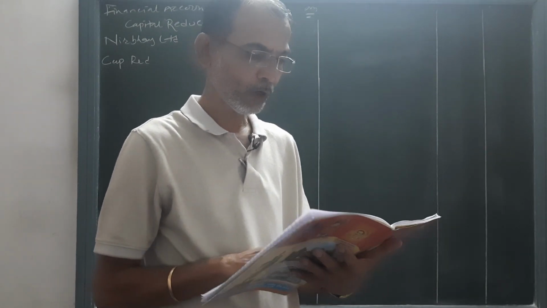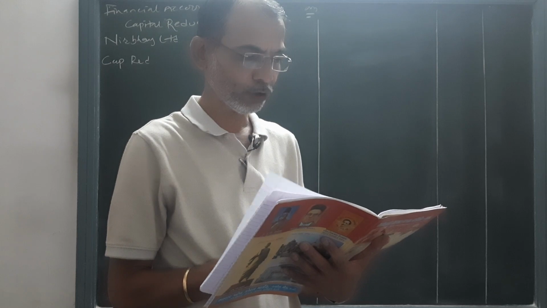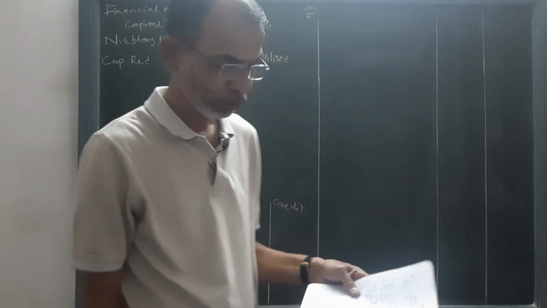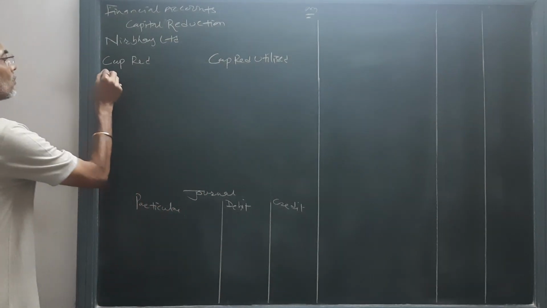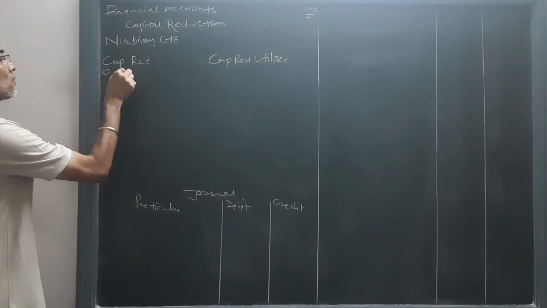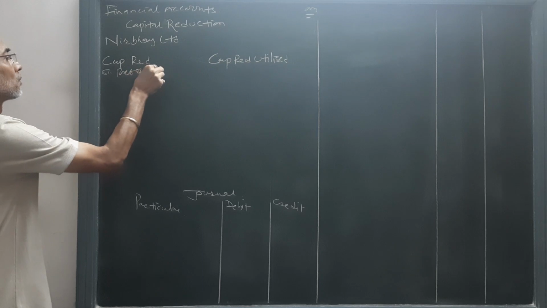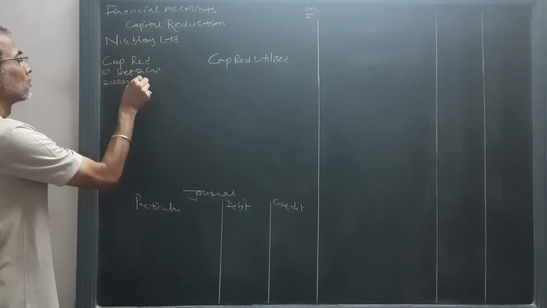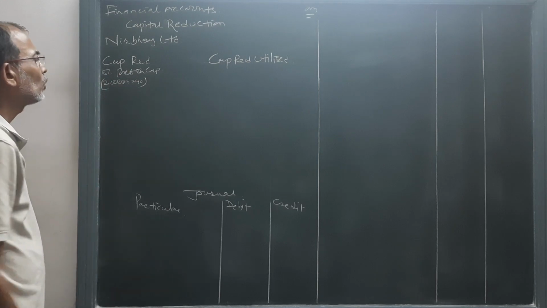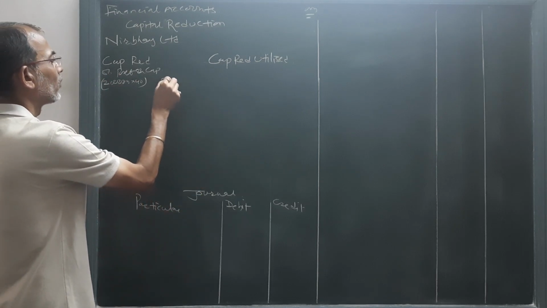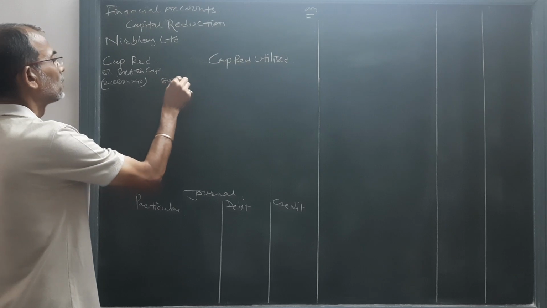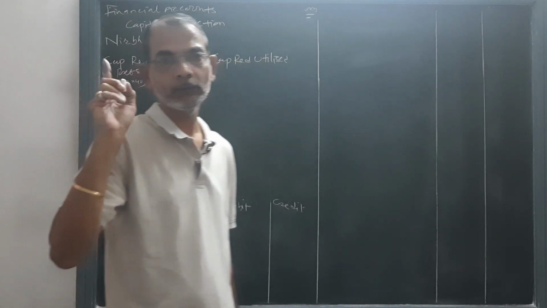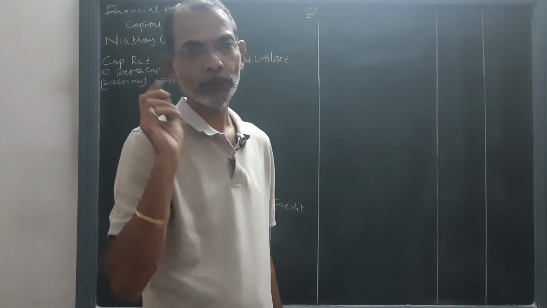And how many preference shares are there? 2 lakh. On 2 lakh preference shares, ₹40 are to be written off. So 80 lakh will be reduced from preference share capital.